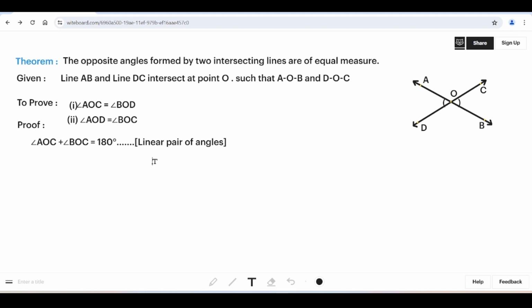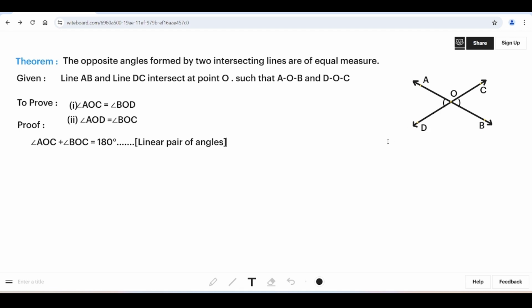Now similarly we can write that angle AOD plus angle BOD is equal to 180 degrees, because those also have a common arm OD.